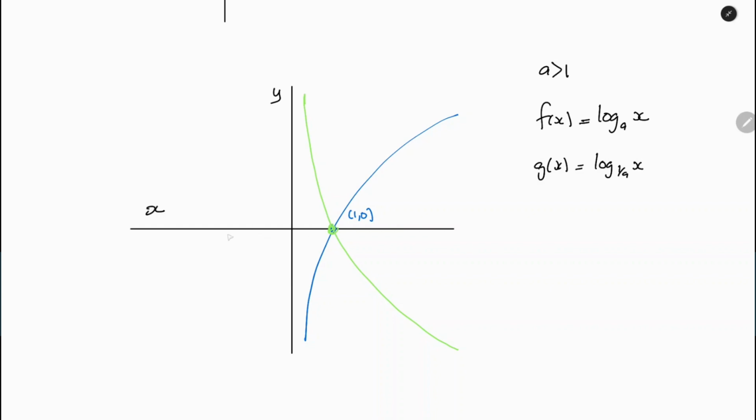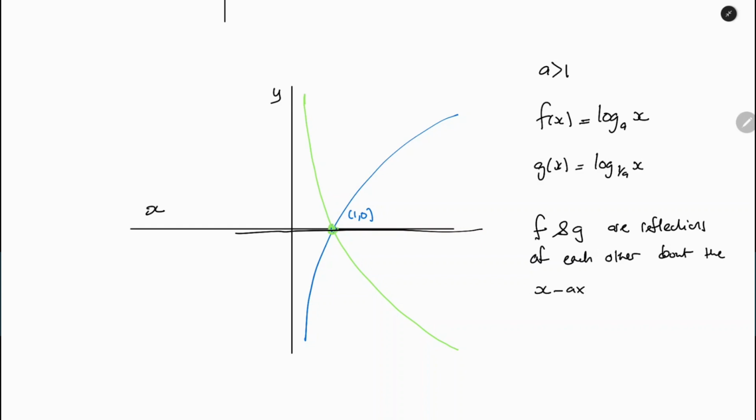And as it turns out, the last thing that I want to point out to you is that f and g are reflections of each other about the x-axis.